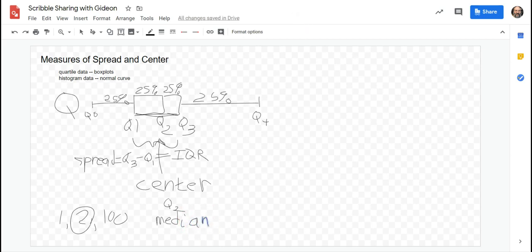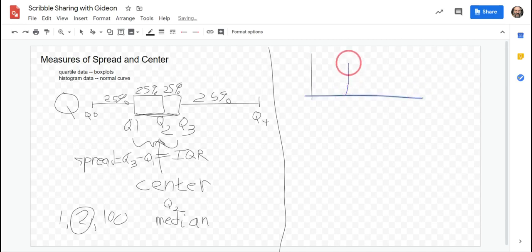Okay, so there's that. I'm going to keep that on that half of the page because the other stuff is the histogram data. We have our histogram. Let's make it at least somewhat bell curve-ish. Let's say we're doing some kind of measurement in a situation where we do expect the data to come out normally distributed. Maybe it's the height of females or the IQ of Americans or something like that.